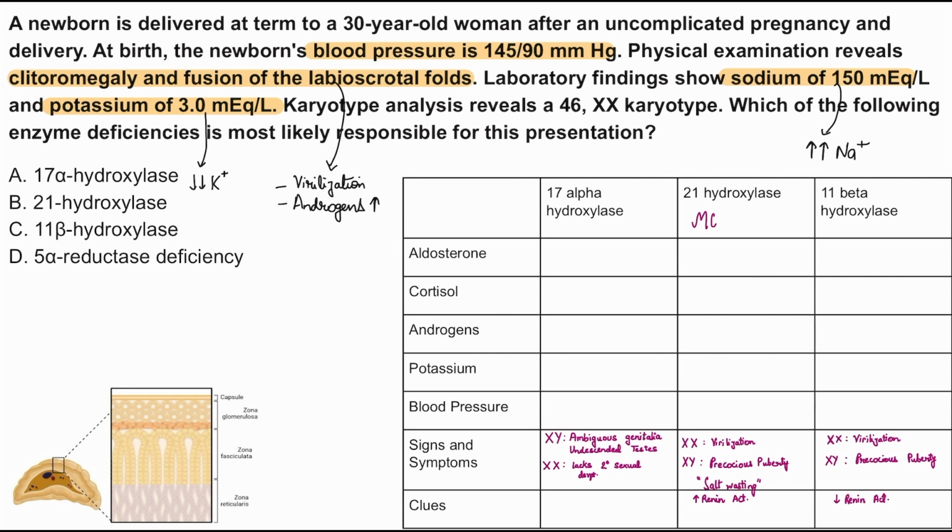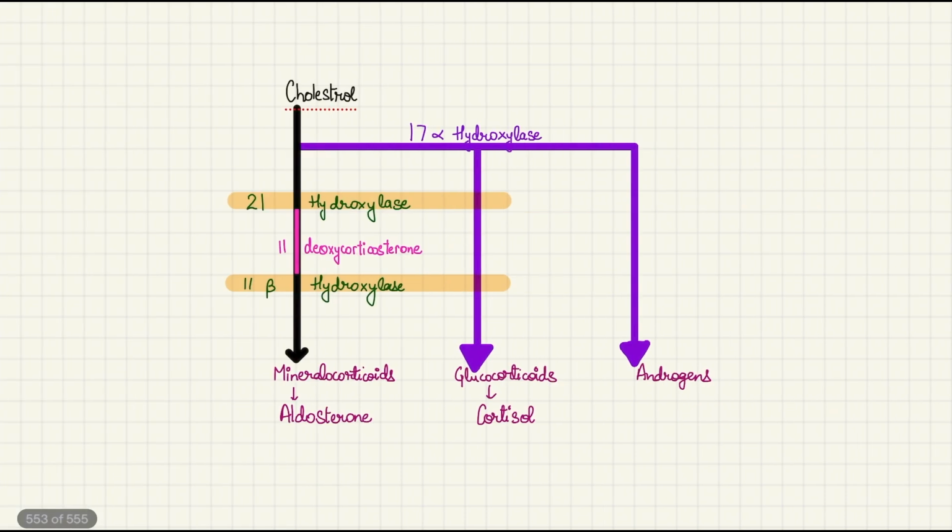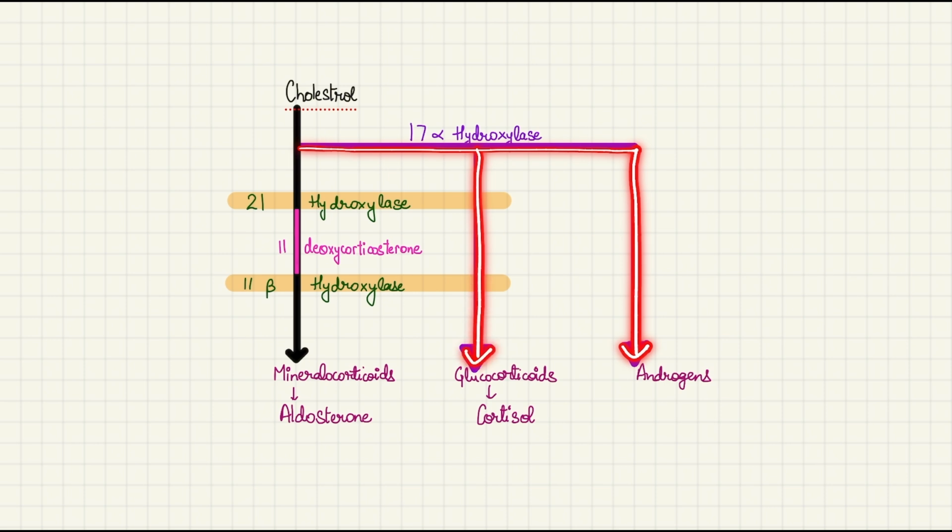Now we have to know which of these enzymes, if they are deficient, would lead to this picture. And a very easy framework that I keep for this is we begin with cholesterol. And then you have to think that if 17 alpha hydroxylase acts on this cholesterol, it's going to push it to androgens and it is going to push it to form the glucocorticoids like cortisol.